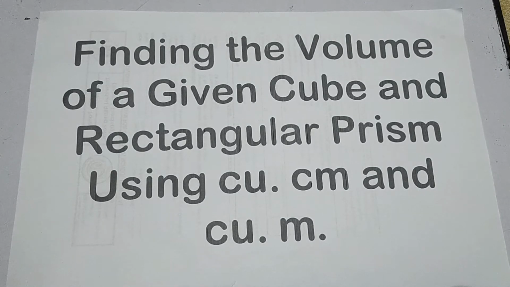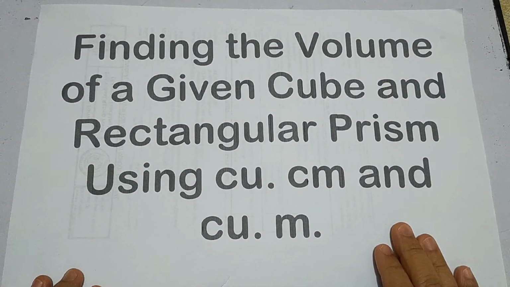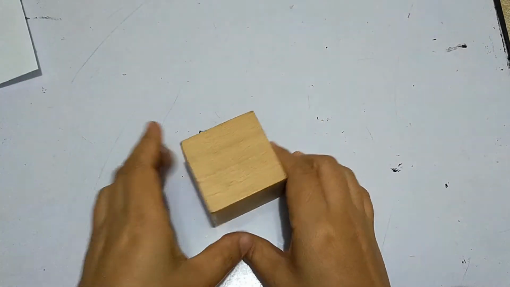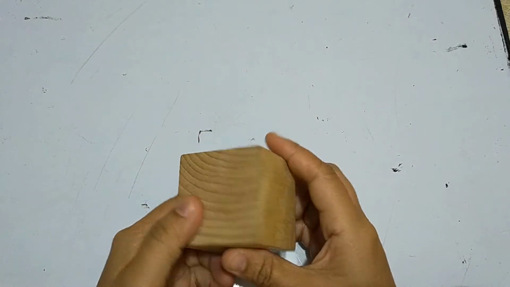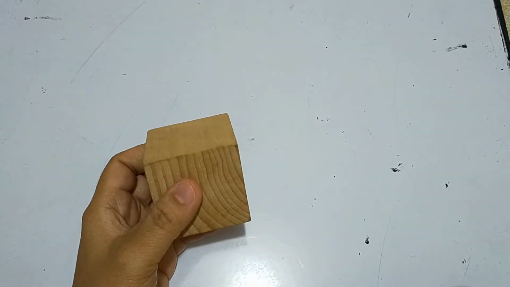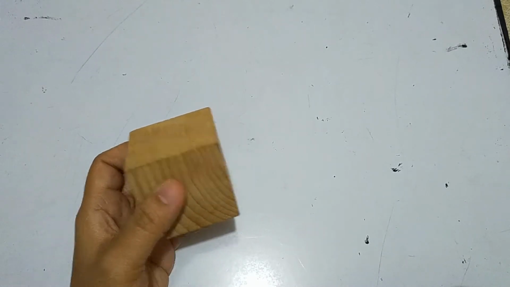So today I am going to discuss this topic, finding the volume of a given cube and rectangular prism using cubic centimeter and cubic meter. So let's say this cube, let us compute for the volume of this cube. We have to measure first the length of its edge.